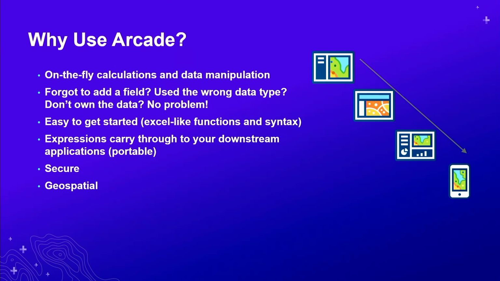Which leads me to this slide, which is why would I use Arcade? Because it's an on-the-fly calculation and data manipulation, you don't have to go back to step one. So if you forgot to add a field, or imagine how many times this has happened, you have a numeric field and somehow it gets brought into your database as a text field and then you can't use it the way you want to.